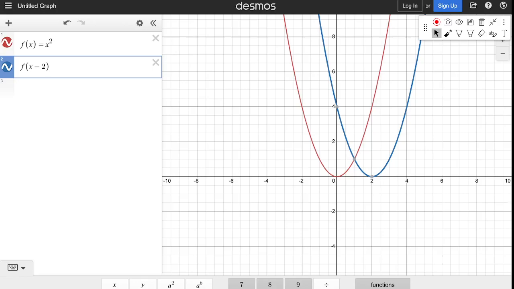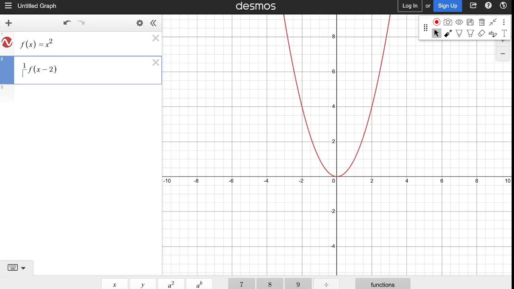So we come to the front. Oops, lost my x's. Okay, see if it works. We're going to put in 1 divided by 4 in the front, and it does. It's made it wider. So that is shrinking vertically.